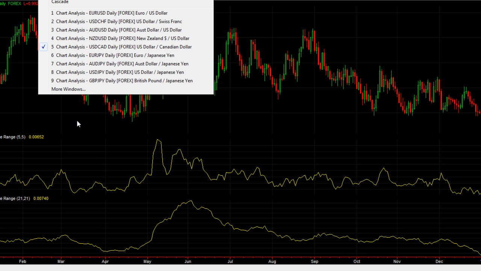On the CPI front, I'm going to be using the 21 SMA approach on the 5 minute chart to trade against the initial knee-jerk reaction on the CPI numbers from Canada.